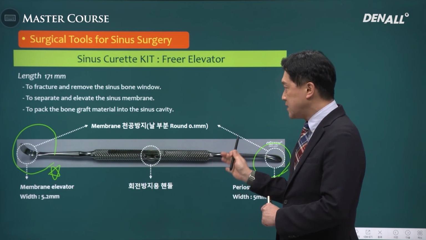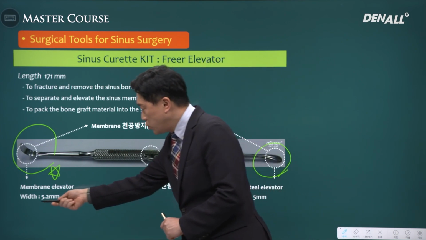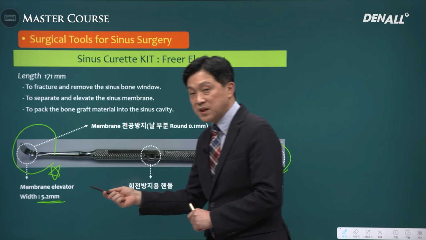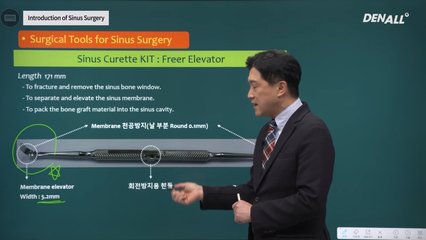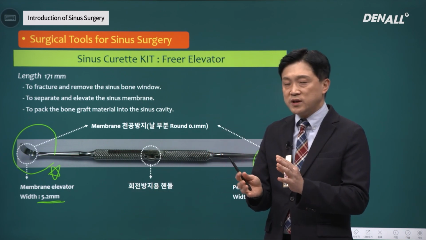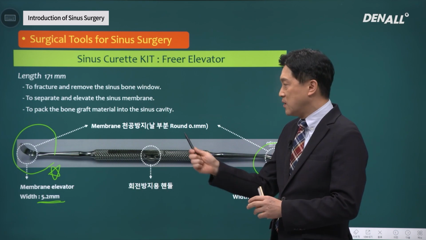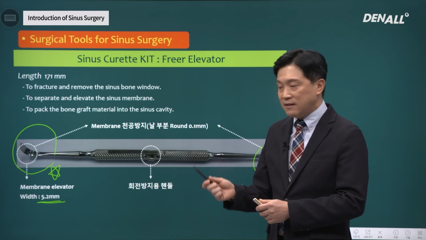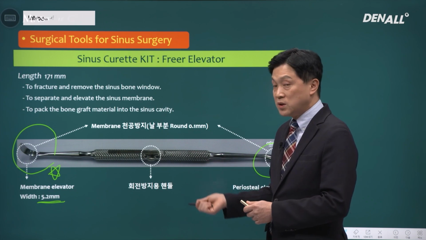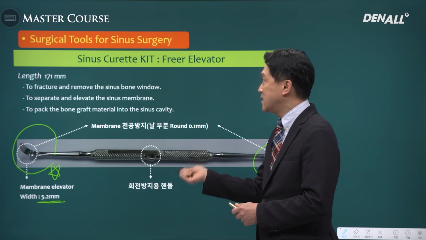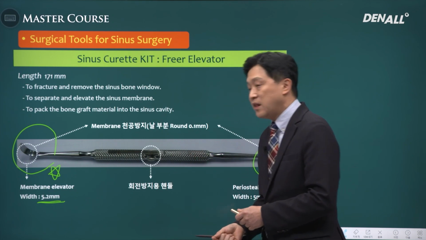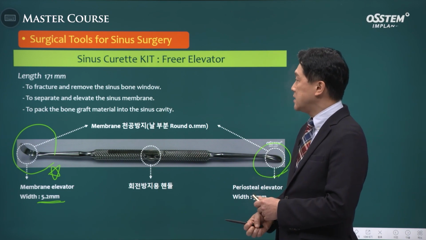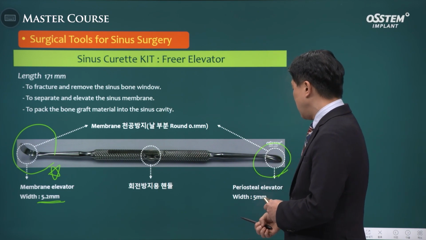As shown, the width is about 5.2 millimeters. Even though this is small freer, when you form window in a small manner, at times that can't go in. In such cases, there's a smaller elevator called membrane elevator. And with that, elevation is performed.